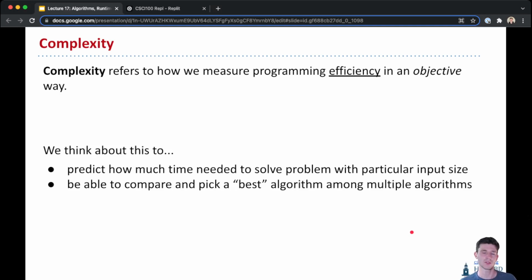You also want to be able to compare and pick the best algorithm if you have a couple. And so for that, we need some objective way to think about how fast a program runs, or how efficient a particular algorithm is.